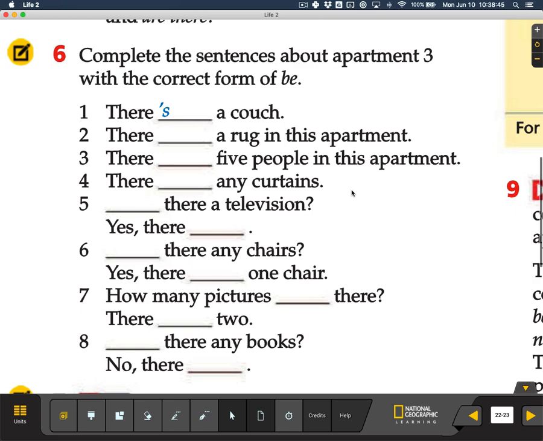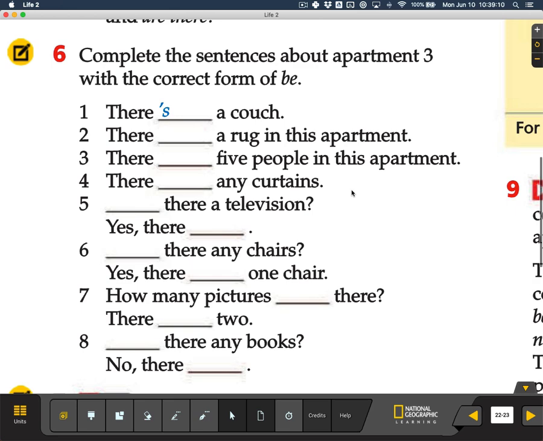6. Aren't there any chairs? Are there? Aren't there? Better.